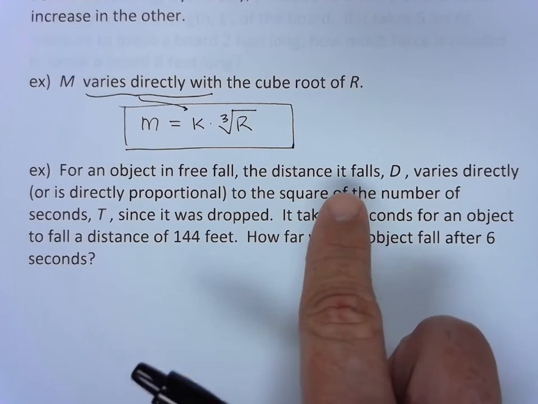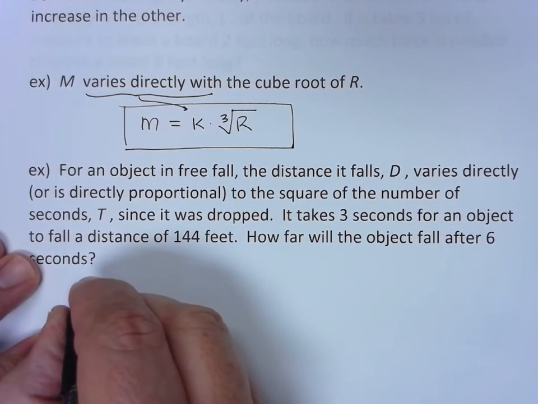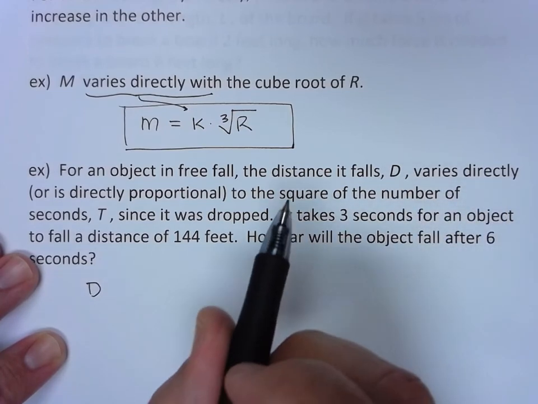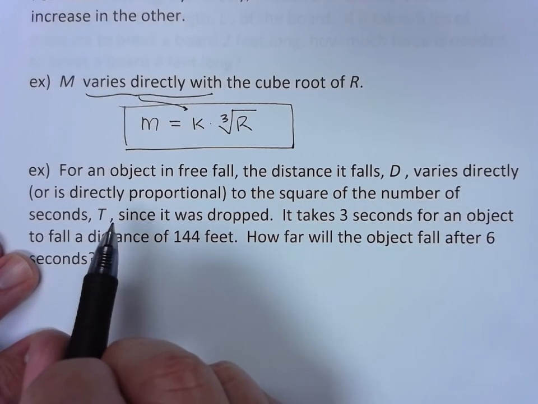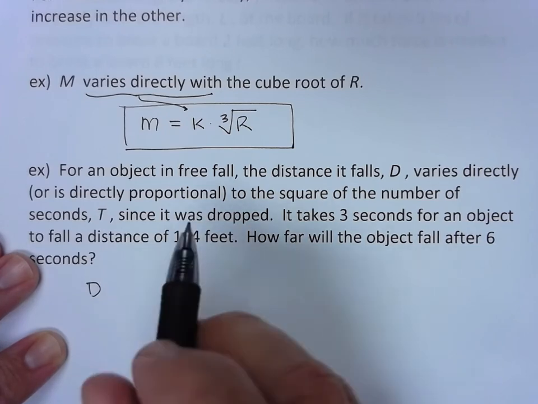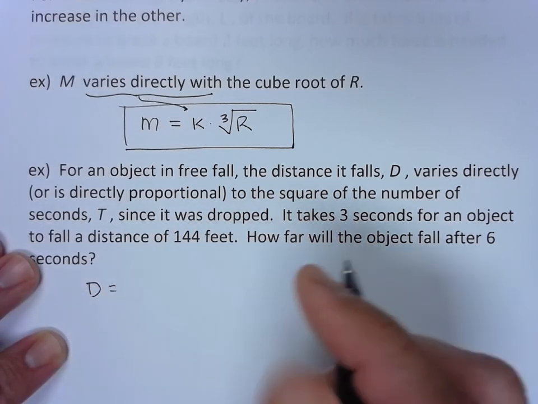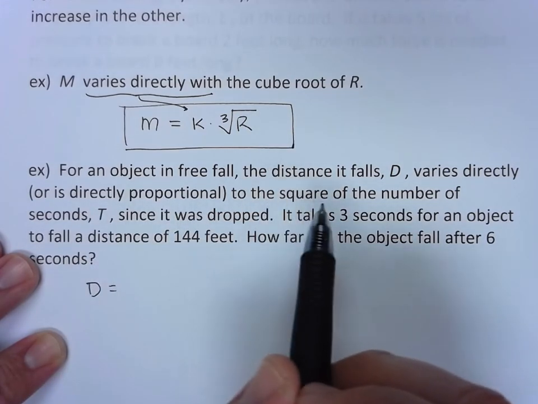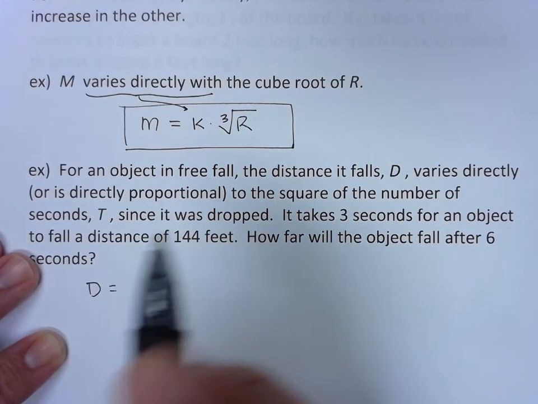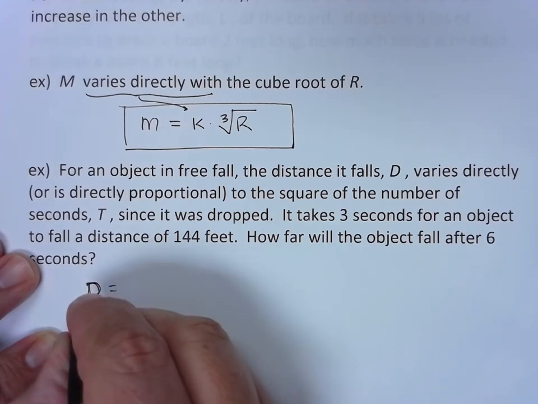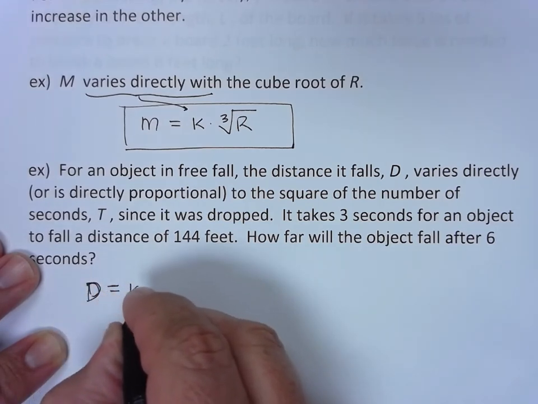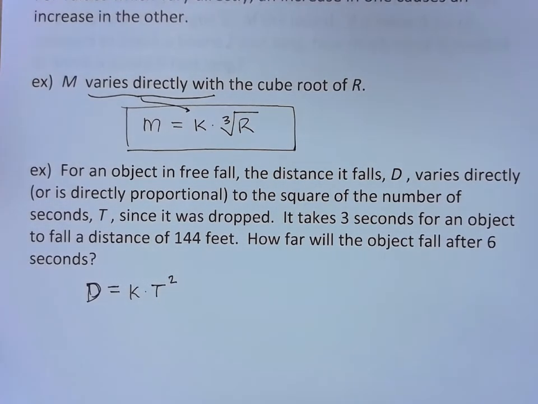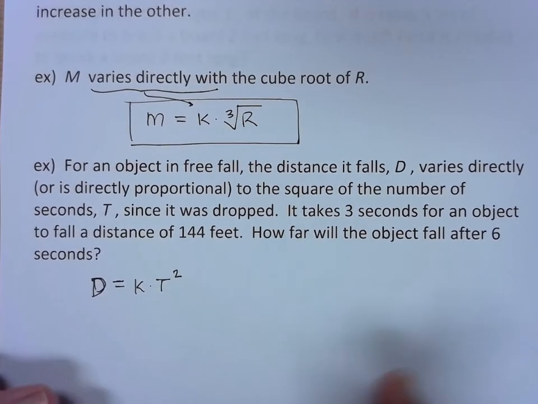The distance that the object falls, d, is directly proportional to or varies directly to the square of the number of seconds, t, since it was dropped. So be careful about any other modifiers like the cube root mentioned here or squaring that's mentioned here. D varies directly with the square of t, means d equals k times t squared, or d equals kt squared, where k is that proportion constant we don't know just yet.